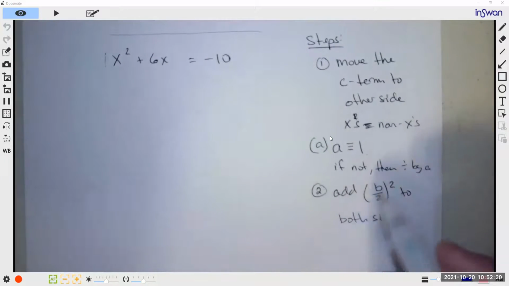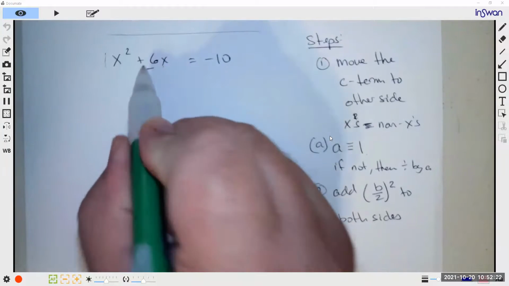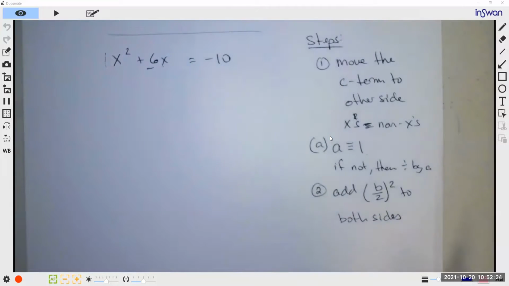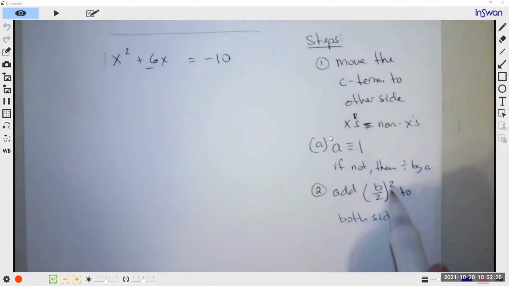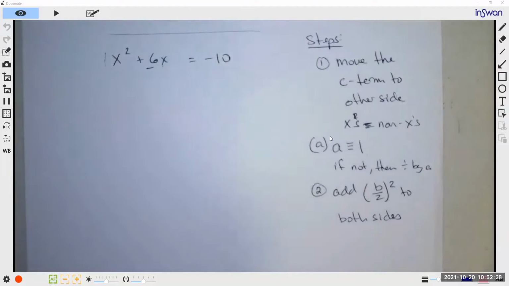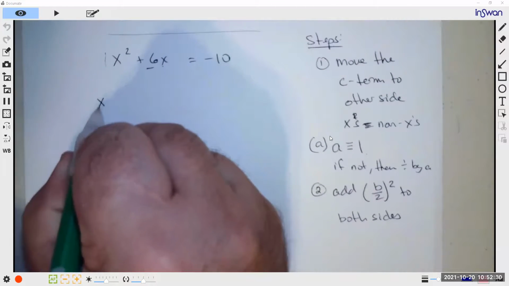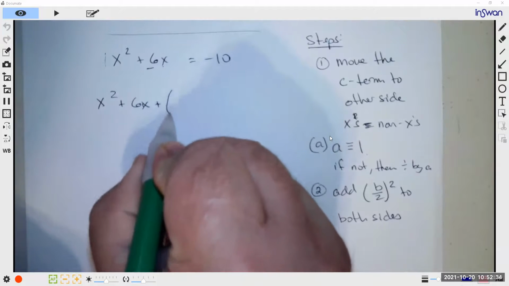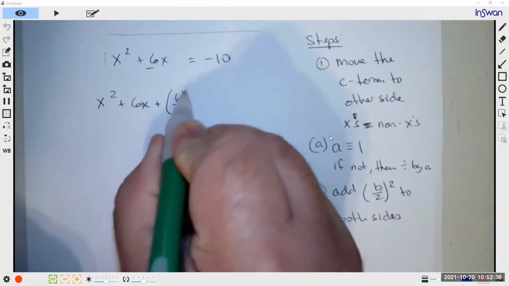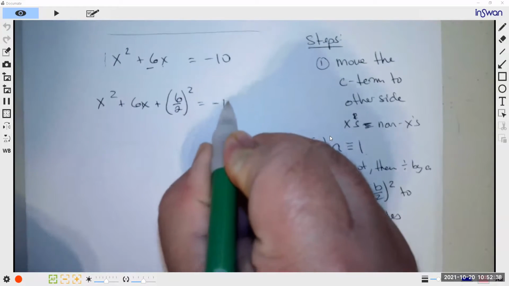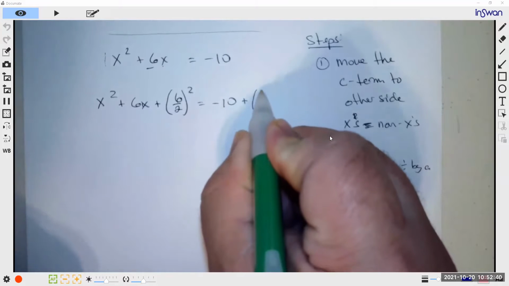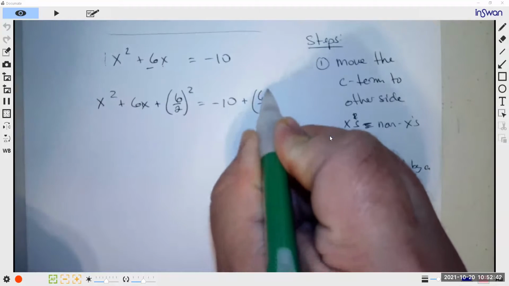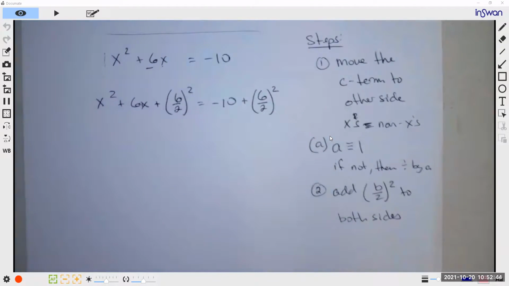The B value is whatever's in front of the X. The sign's not important because when you square it, it's going to take care of the sign. So this is step 2. Add B, in this case it's 6 over 2 squared.